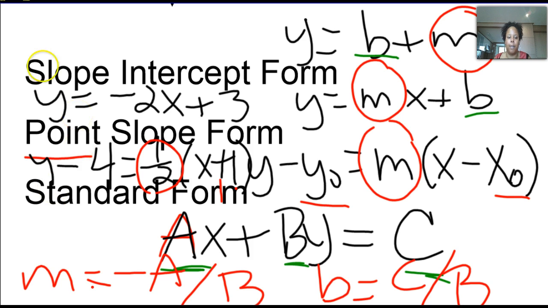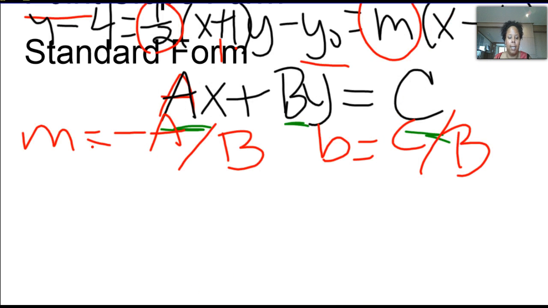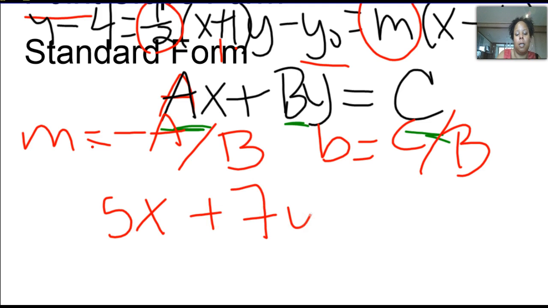A good example of that form would be if you're reading a word problem, and let's say you're trying to figure out how many people bought movie tickets. And they say the group went to the movies, and each child ticket cost $5, and each adult ticket cost $7, and the group had to pay a total of $100.